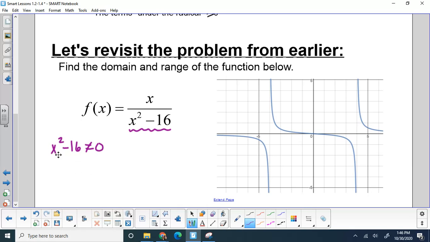Now, because there's no middle term, I am able to solve this algebraically by adding 16 and taking the square root. However, I also recognize that this is a difference of 2 squares, so I'm actually going to choose to factor it. This will factor to x plus 4 times x minus 4.